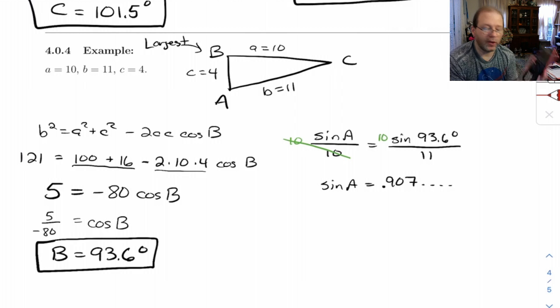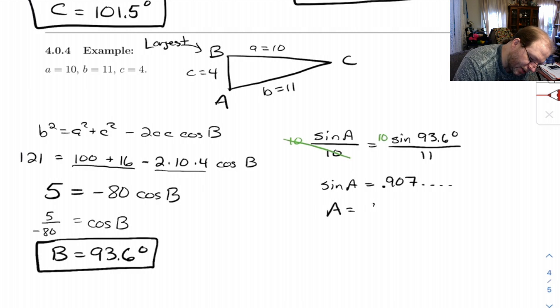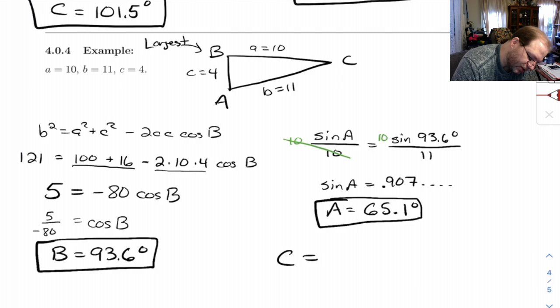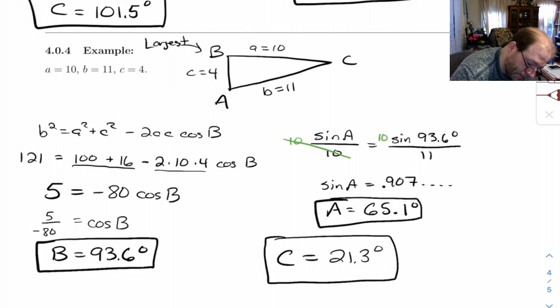Leave that in my calculator. Take the inverse sine of answer. Gives me 65.13. So I'm going to round that to 65.1 degrees. And so that's A and B. So C is going to be 180 minus 65.1 minus 93.6. 21.3 degrees. All right. And that's it.